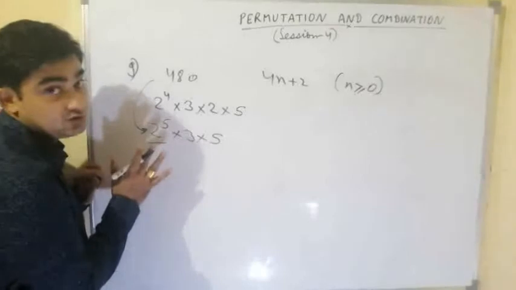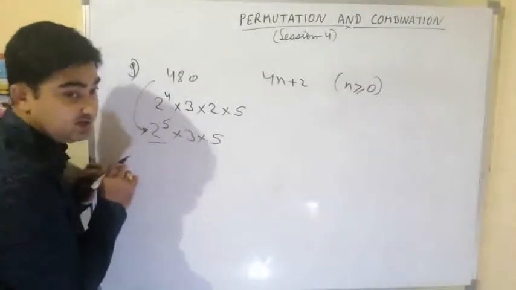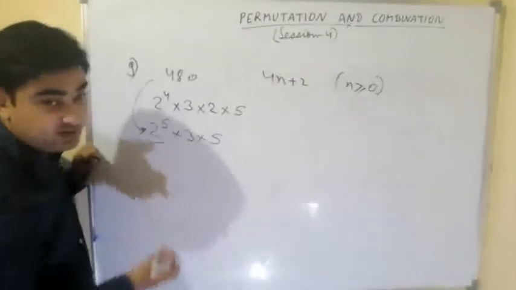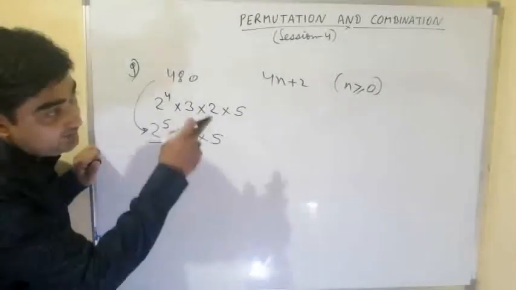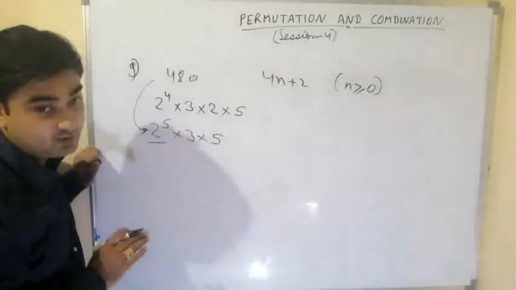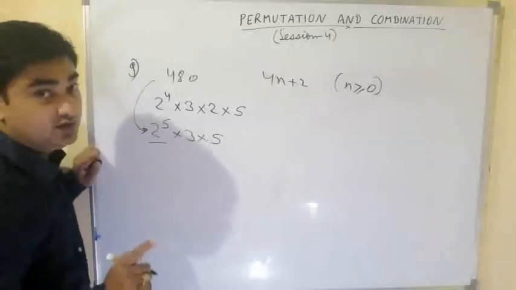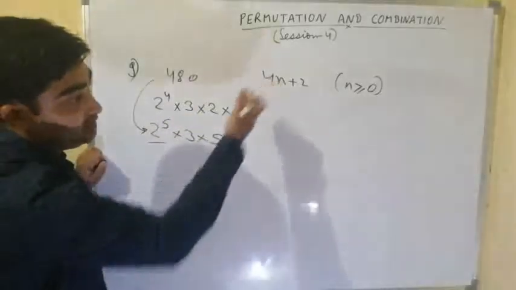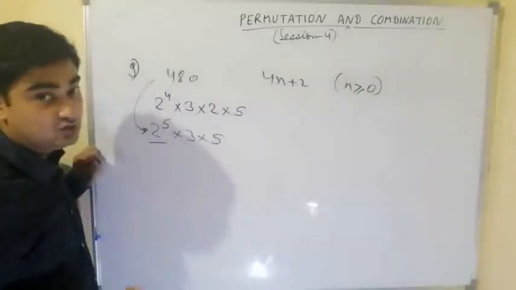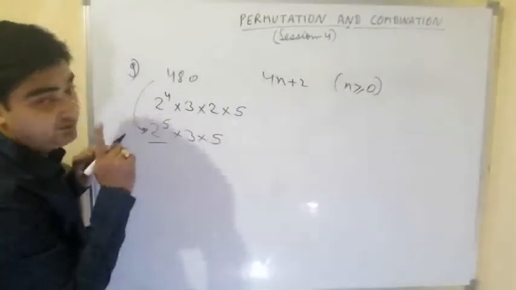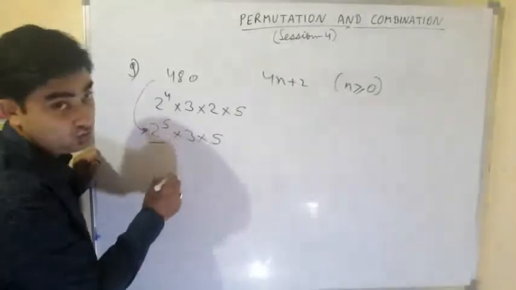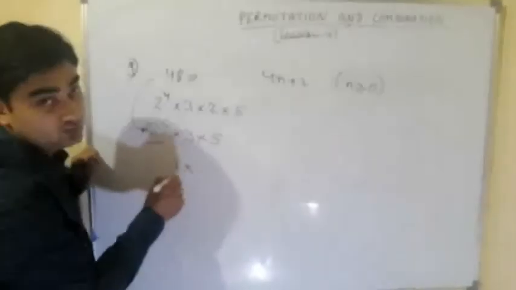There are 5 2's. If we are not selecting 2, out of the remaining we cannot get an even number. We want even divisors, but that should not be a multiple of 4. That means we have to select only 1 2. If we are selecting 2 2's, we'll get a multiple of 4. If we are not selecting 2, we'll get an odd number. So with 2 we have only one choice, we have to select 1 2.